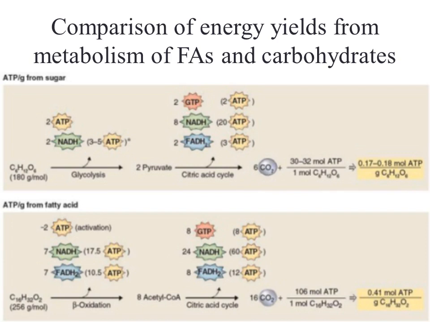So in the condition when high energy is required by the body, fatty acids, maybe in the absence of carbohydrates or maybe in the presence of carbohydrates, side by side get metabolized to produce ATP.